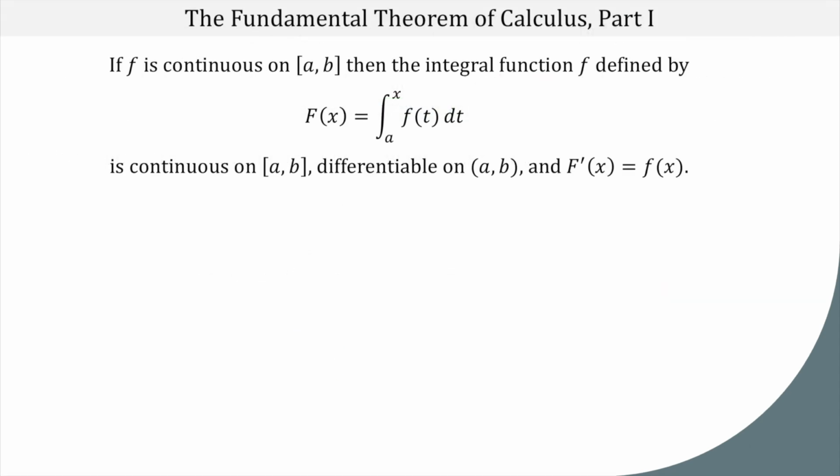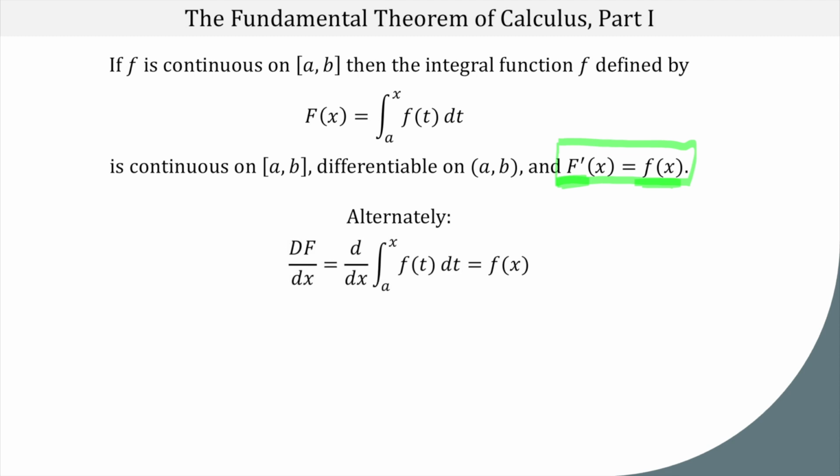The fundamental theorem of calculus, part 1. If f is continuous between a and b, then the integral function is continuous on [a, b] and differentiable on (a, b), and this is the money right here. F prime of x, capital F prime of x equals little f of x.